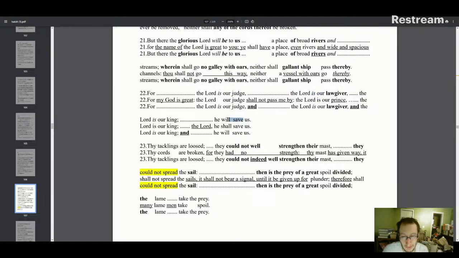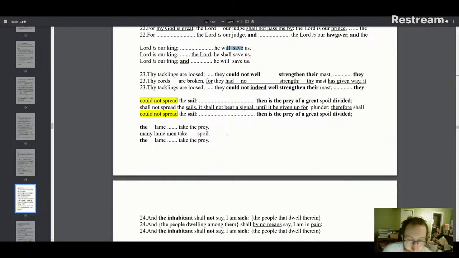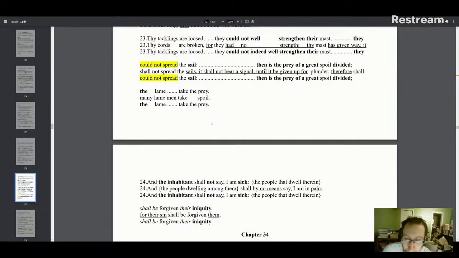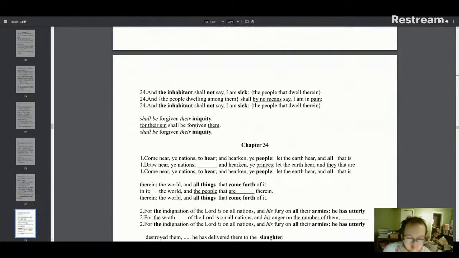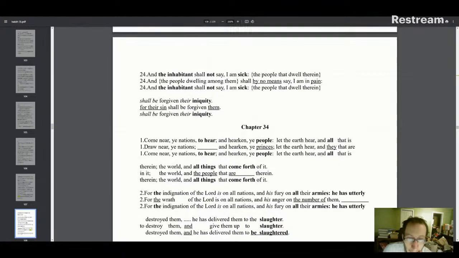He will save us. I may reconstruct it in that kind of way. So let's see here. Okay, so we go to chapter 34. Oh, we do have here a slightly different word order.